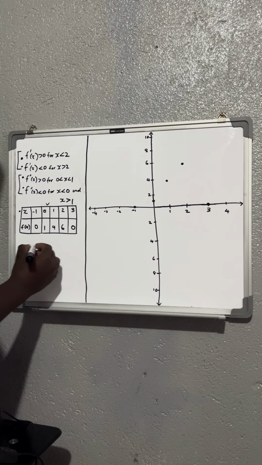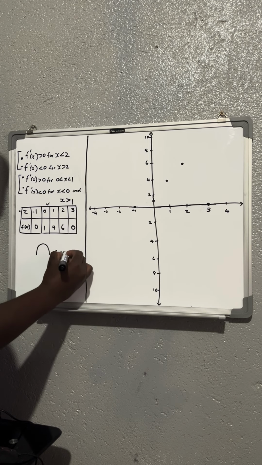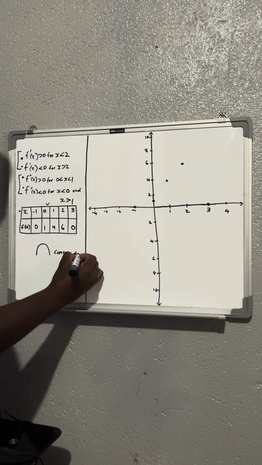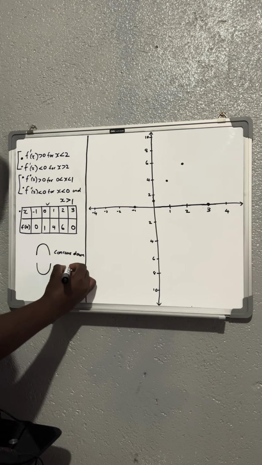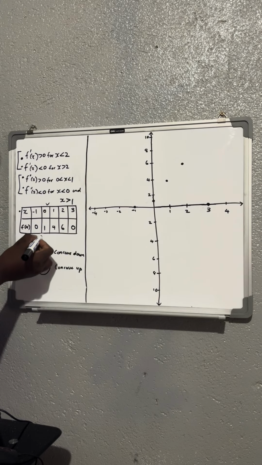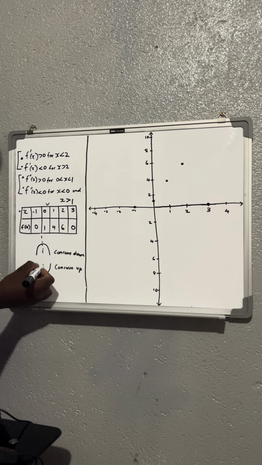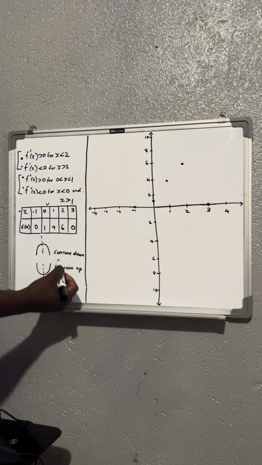So you can have what we call concave down. Then we can also have concave up, just like in the previous video where I said I like to at least split this into two, so that you know that you can actually have two concave down graphs.